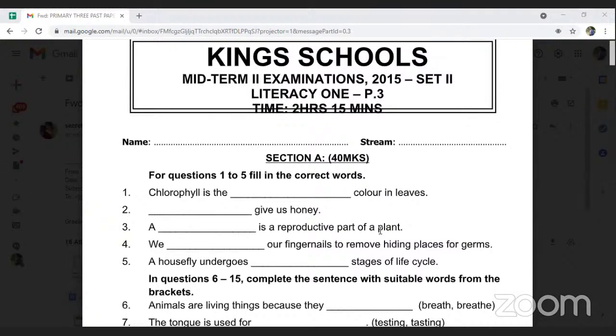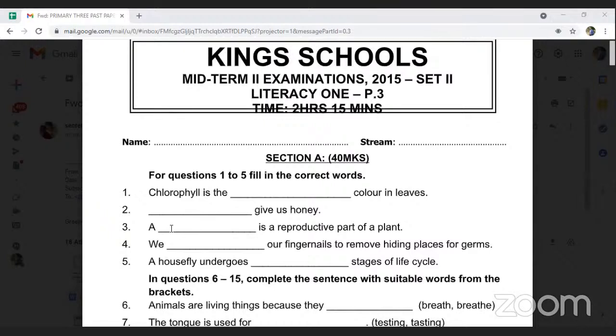We just say a dash is a reproductive part of a plant. It is Luganda or any local language that you can read in a slow way like that. But English is read faster. A dash is a reproductive part of a plant. As simple as that.